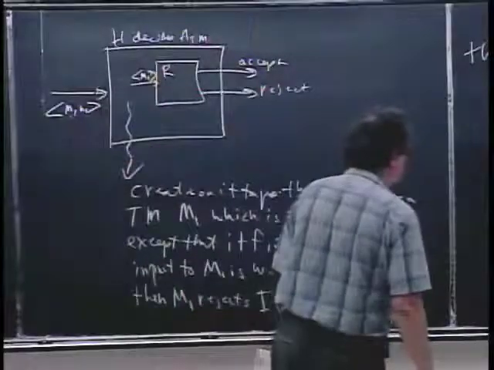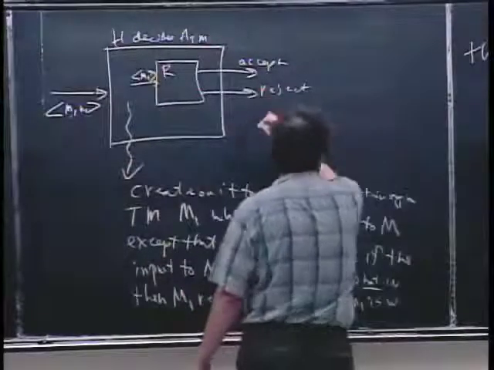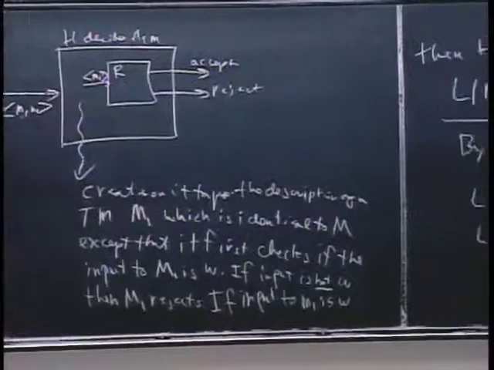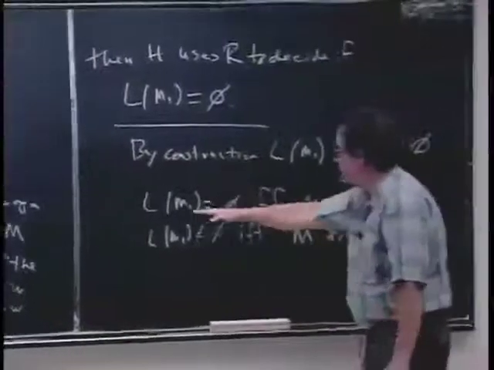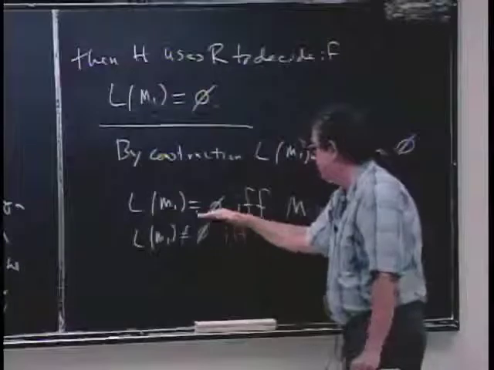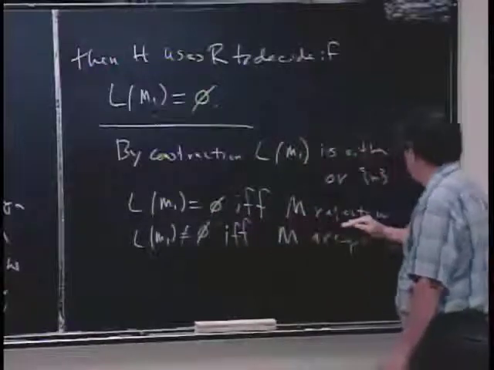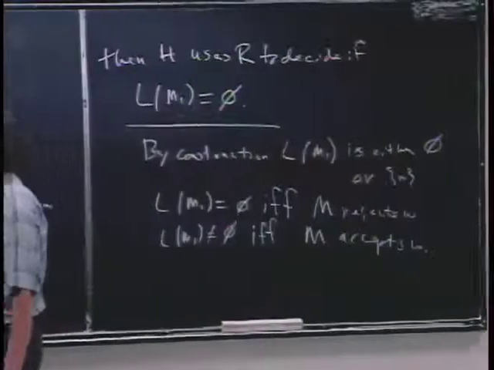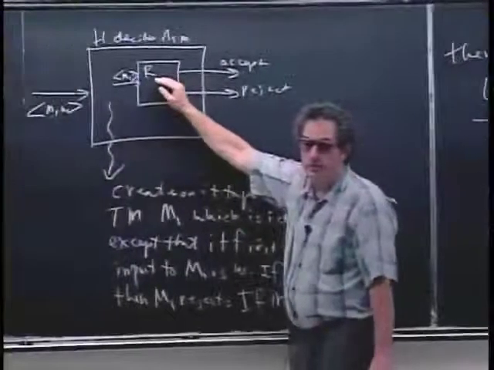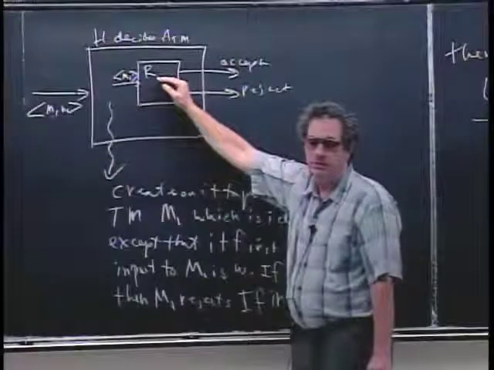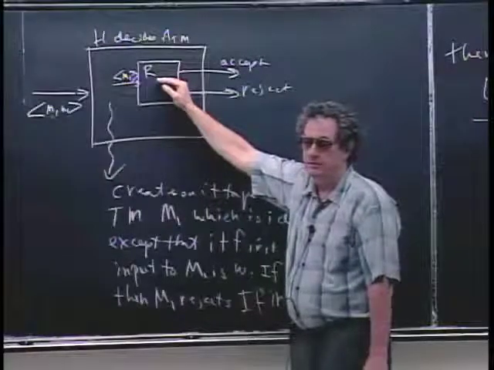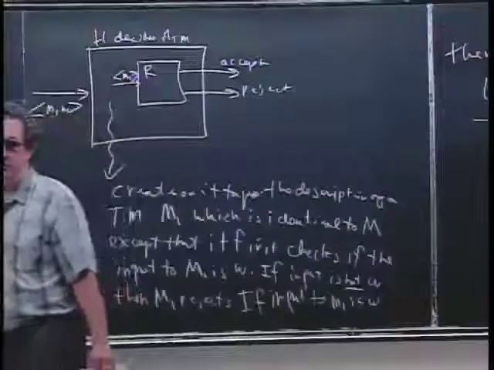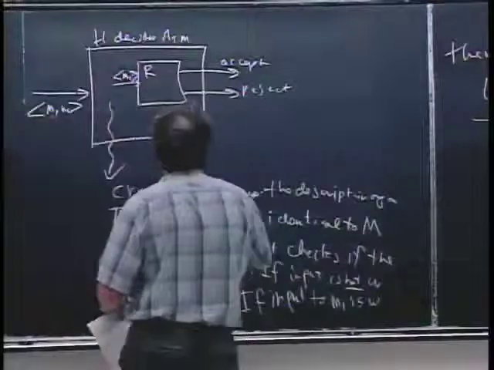So, yeah, reject, oops. Okay, so we've got to make sure we get the accept and reject correctly here. So we've derived that the language of M1 is empty if and only if M rejects W. Okay, so that when R sees that L(M1) is empty, is that an accept or reject from R? It's an accept, right, because of the way this is constructed.